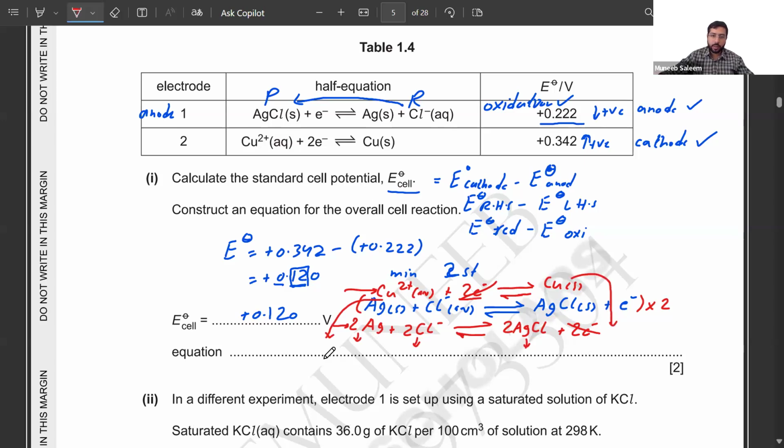So the equation should become 2 Ag plus 2 Cl negative plus copper 2 plus ion, then arrow, and the right side should have 2 AgCl and then copper, like this. So this is the final equation of the question.